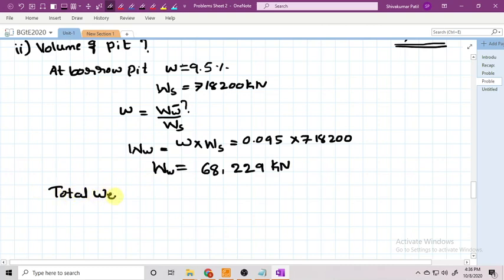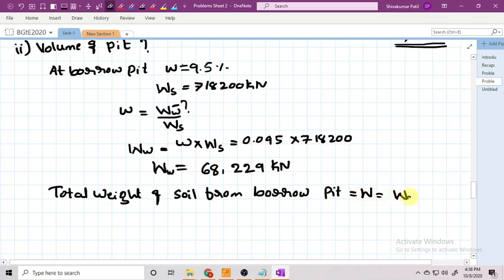Then what is the total weight of soil from the borrow pit? Total weight is nothing but weight of solids plus weight of water.